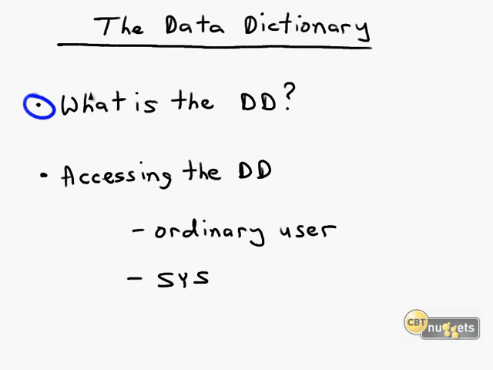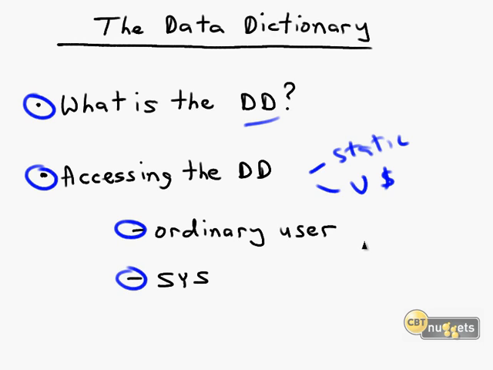So at this point you should understand what the data dictionary is, how it's laid out, and how to access the data dictionary, both our static views as well as our V$ dynamic performance views, as an ordinary user, and how that level of access to the data dictionary is different from access by the data dictionary owner, namely sys or any other DBA.